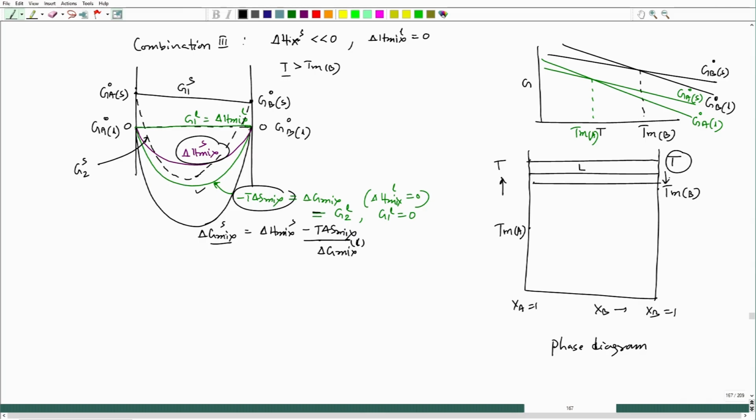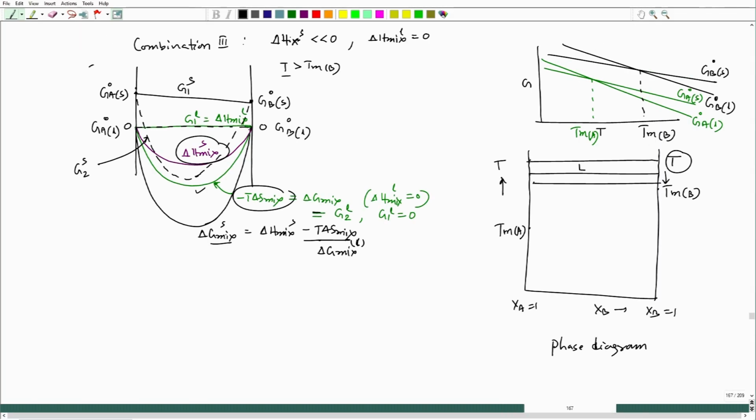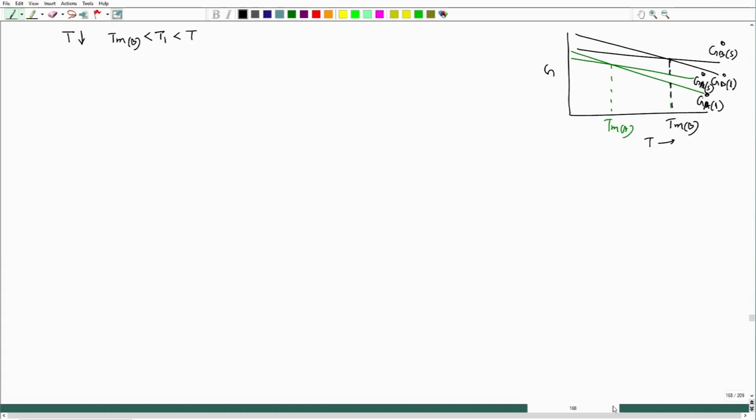Now, at that T1, and remember one thing, even if I miss indicating it, this is free energy and xB is following this way, xB equal to 1, xB equal to 0. So, that notation please put it even if I miss that, that will be common.